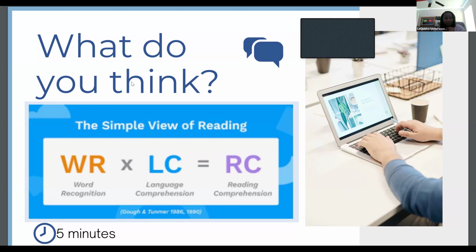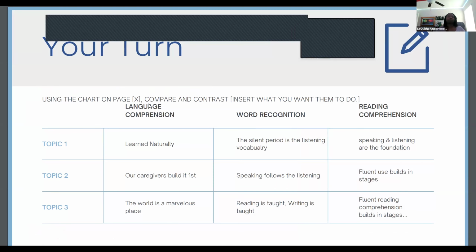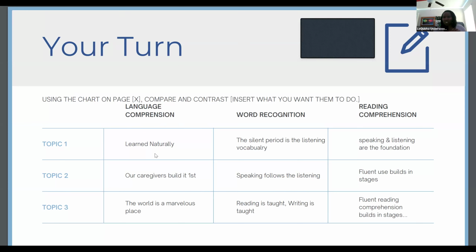So think of it this way. The first topic is going to be your language comprehension. This is what is learned naturally. There's lots of research that everyone has a silent period. So think of the stages of development, 0 to probably about 1 or 2. We get all excited about a baby's first words, right? And that's true for any language, no matter what it is, the language spoken at home by the caretakers.